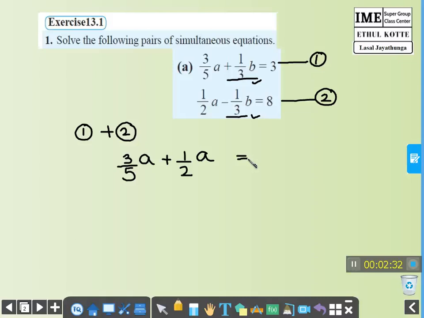Now add the other two terms, 3 plus 8. To do this addition, 3 upon 5, 1 upon 2, we need a common denominator. What's the common denominator? Yes, 10.